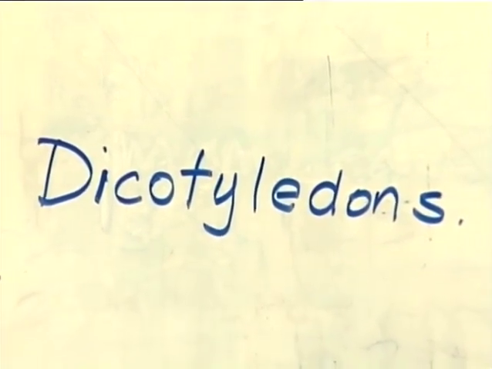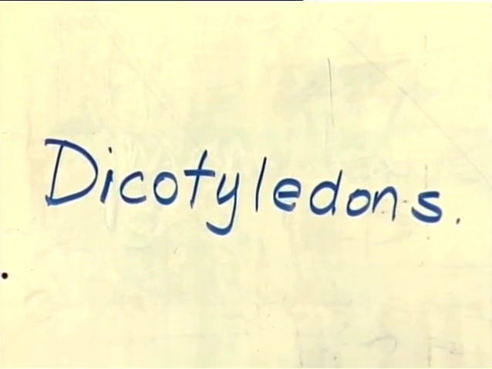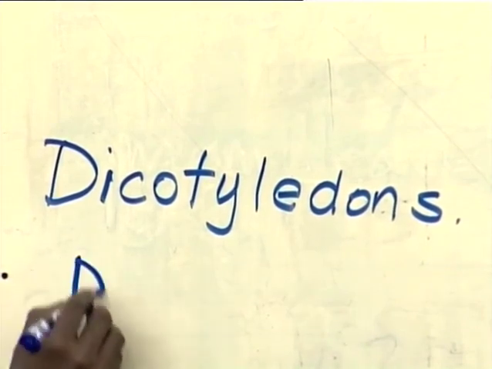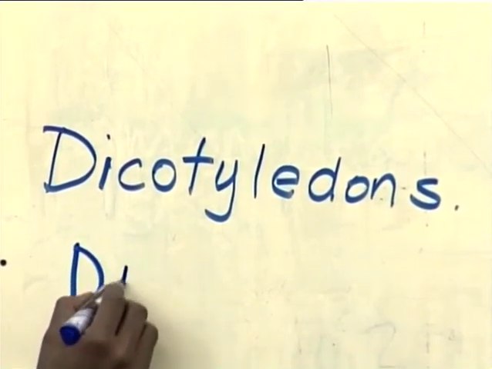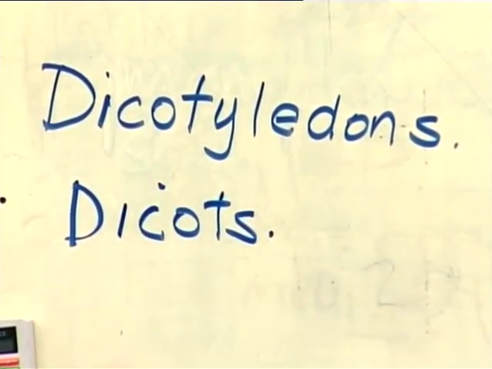The taproot belongs to a group of dicotyledons. We can say dicotyledons, or for short, if it's too long for you, you can say dicots. Dicots for short.